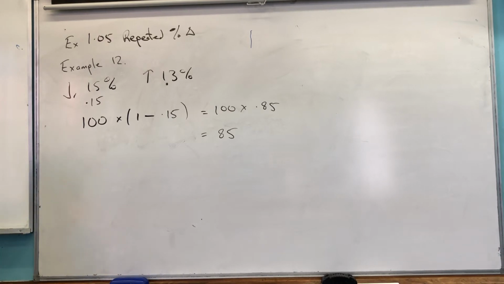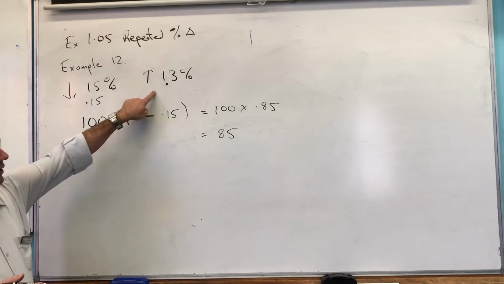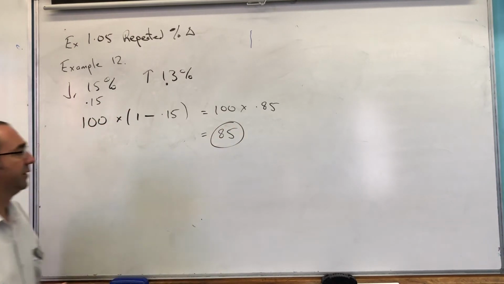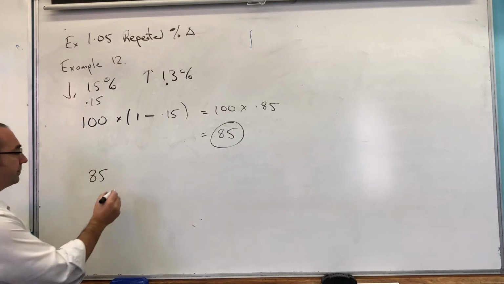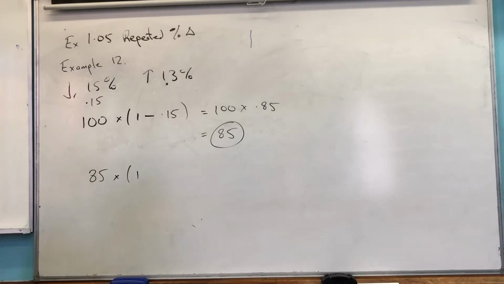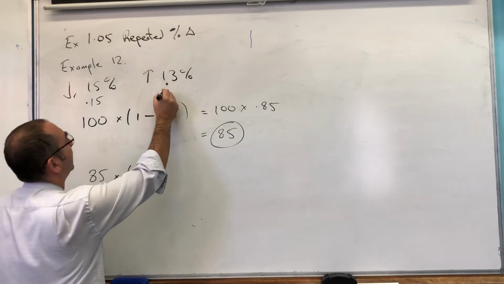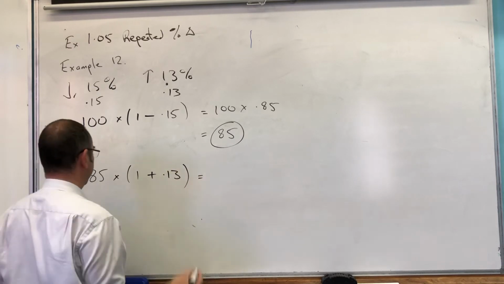All right. So now, having decreased it by 15%, we're going to increase the answer by 13%. So we'll start with 85. If we multiply it by 1, it stays the same, but we don't want to multiply it by 1, we want it to go up by 0.13 or 13%.